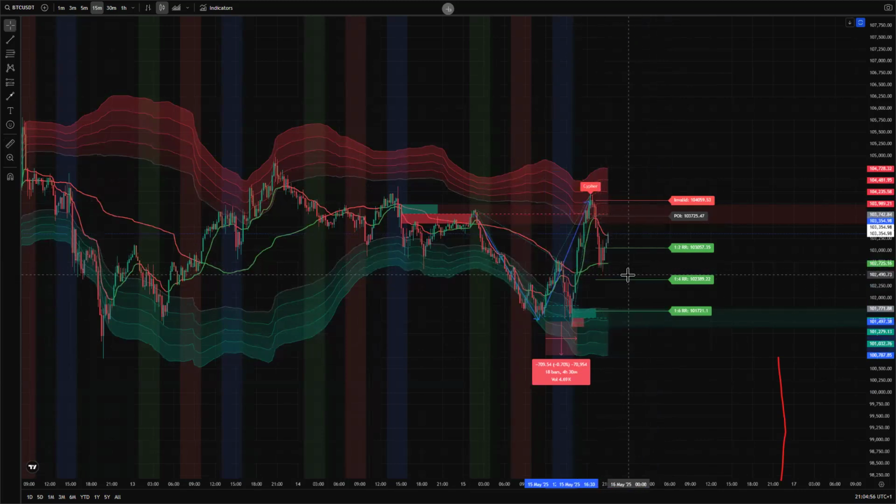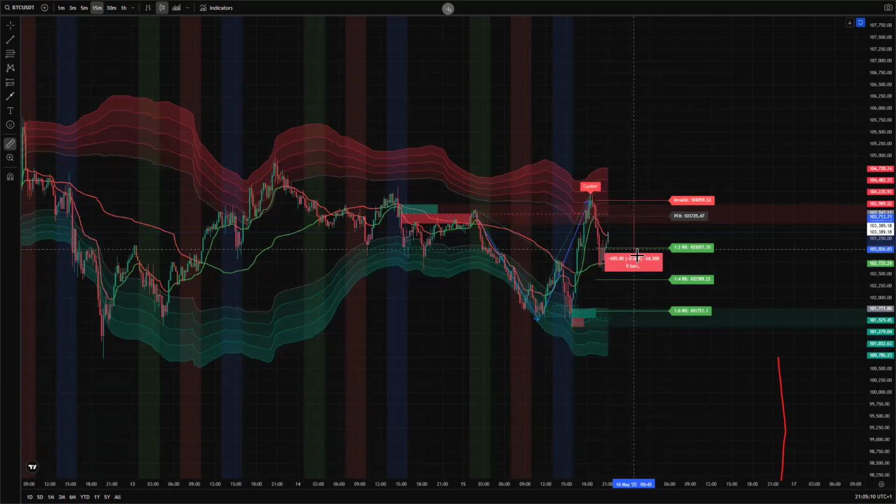It's in between 1 to 2 RR and 1 to 4 RR. So if your TP was 1 to 2 RR, you'd have gotten quite a number of pips and gotten out of the market.